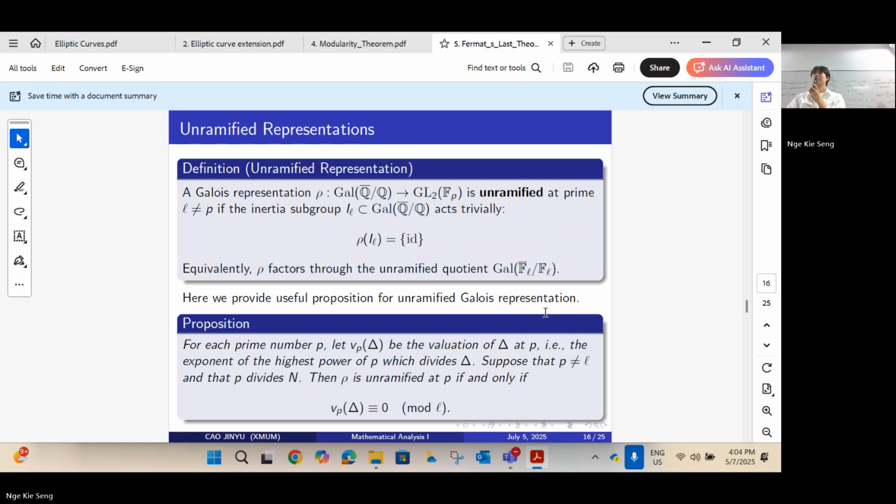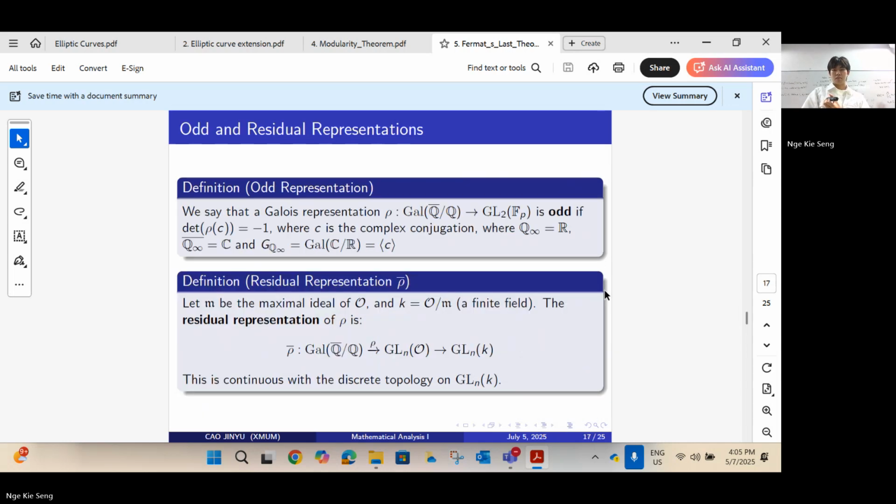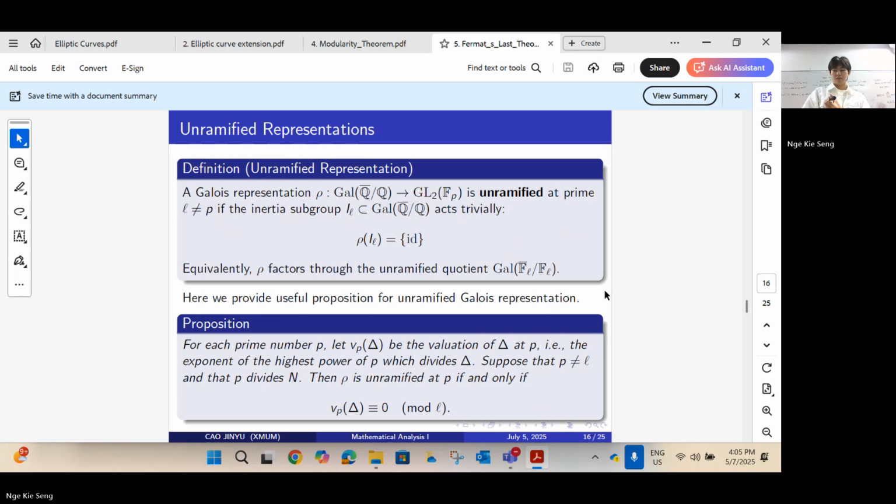Yeah, yeah. It sounds really like that. And use the normal subgroup.